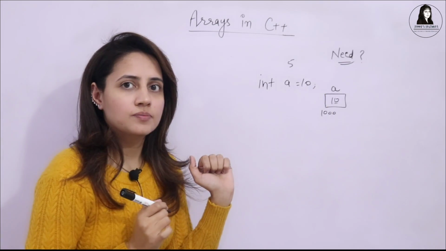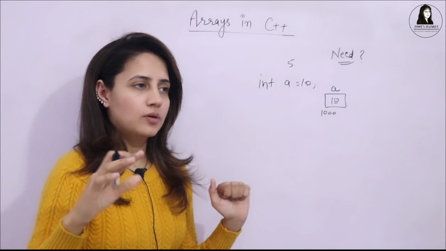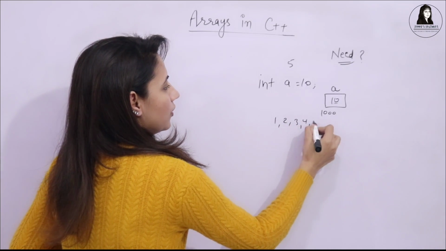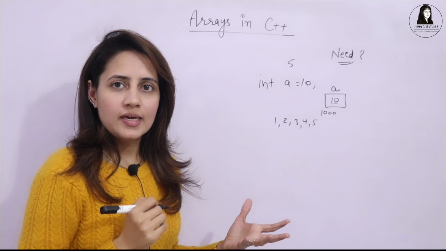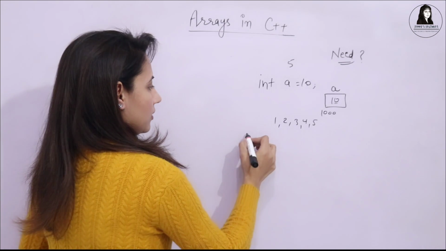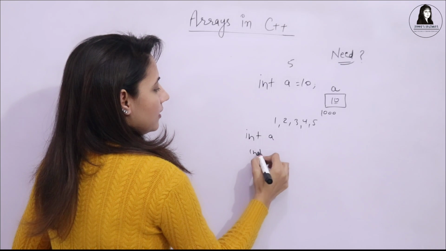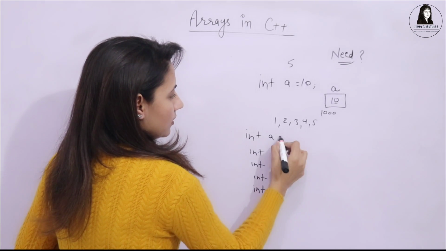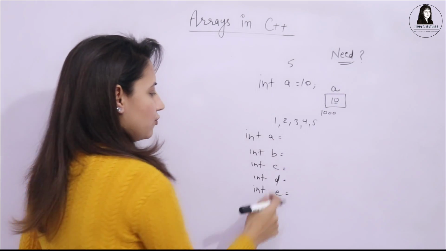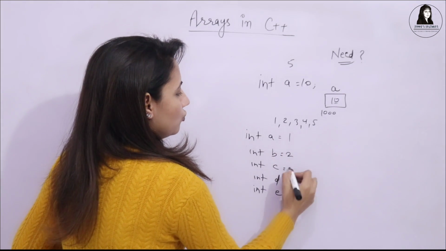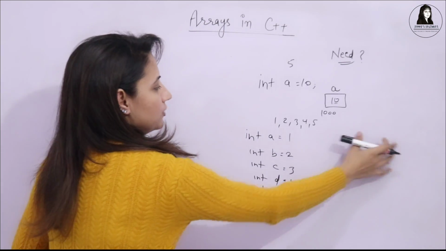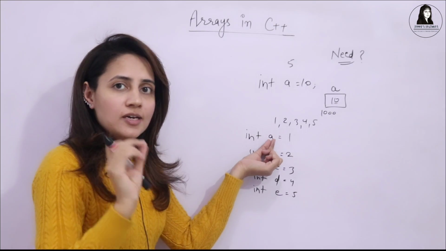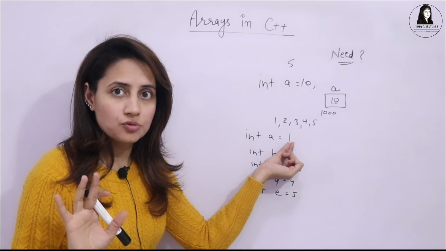Now, if I want to store 1 to 5, like 1, 2, 3, 4, 5, what can be the idea? We can take int a, int b, and so on, 5 variables, and store 1, 2, 3, 4, 5. Fine, then 5 variables would be there and 5 values would be stored, because under a single variable name we can store only a single value. That is for sure, right?